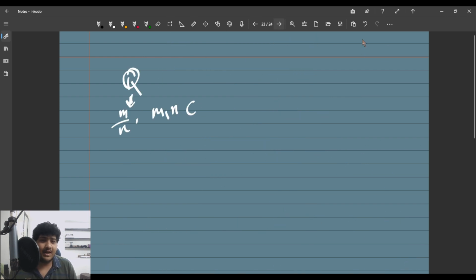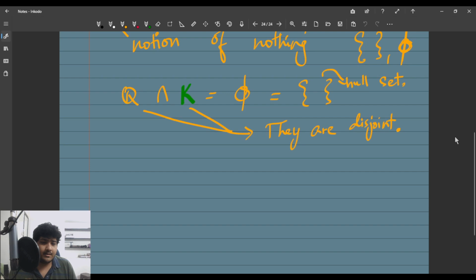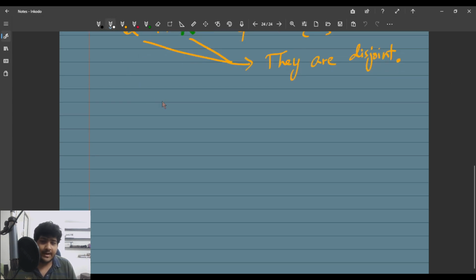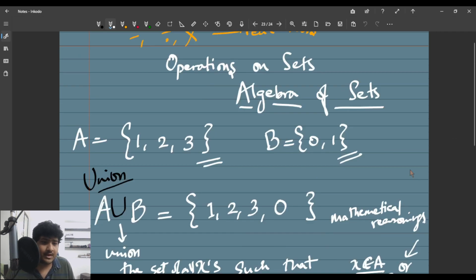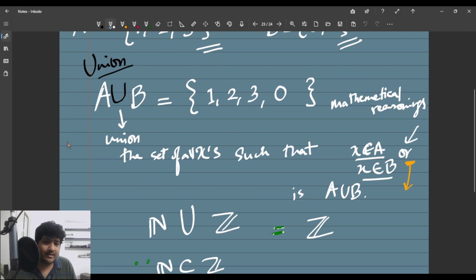So how do you subtract two sets? Say that my A is same as before, 1 2 3. B is the same, B is 0 and 1, the same set. And do remember that we are defining these operations. No one has told us that union should have been this way.